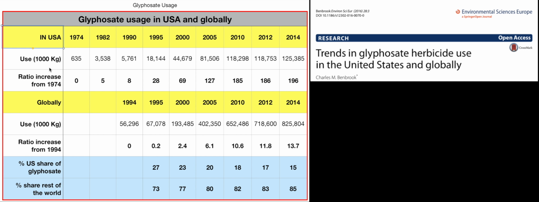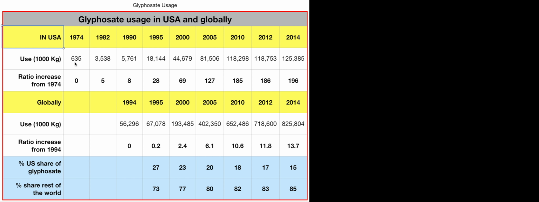The ratio increased from 74, the first year of record available. For instance, in 82, there was a five-fold increase. This is not percentage, this is fold. Five-fold means 500% increase between 74 and 82 in the amount of glyphosate used in the United States.